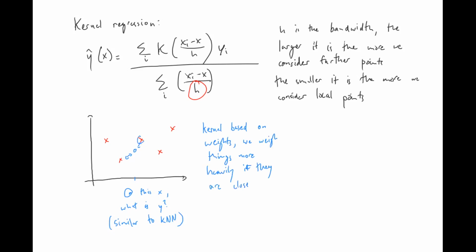So the effect of these 2 points is going to have a larger determination on where this single point ends up compared to these points over here, which are, let's say, farther away and exert less influence on that point.